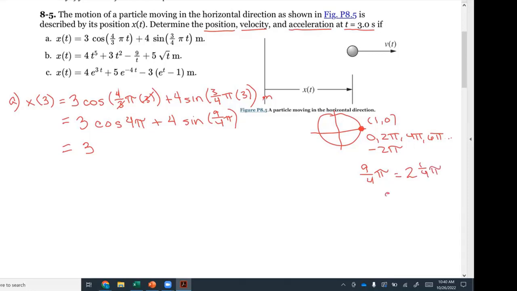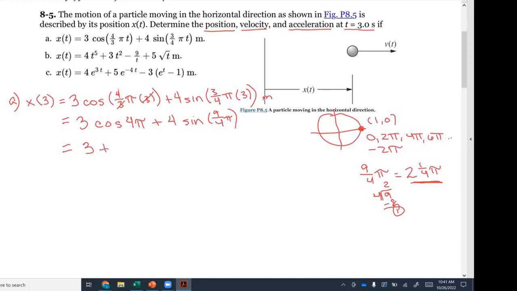If you don't know how to do that, you just divide 9 by 4. You get 2, you subtract 8, and you get 1 left over, which gives you the 1/4 pi. So now it's the sine of 2 1/4 pi. We subtract 2 pi, we get the sine of pi over 4.